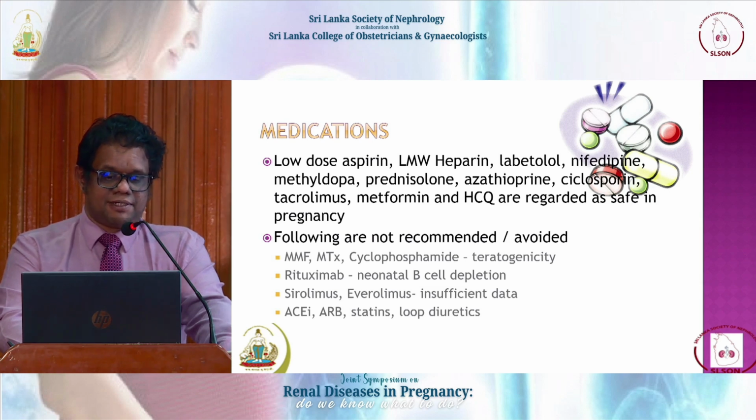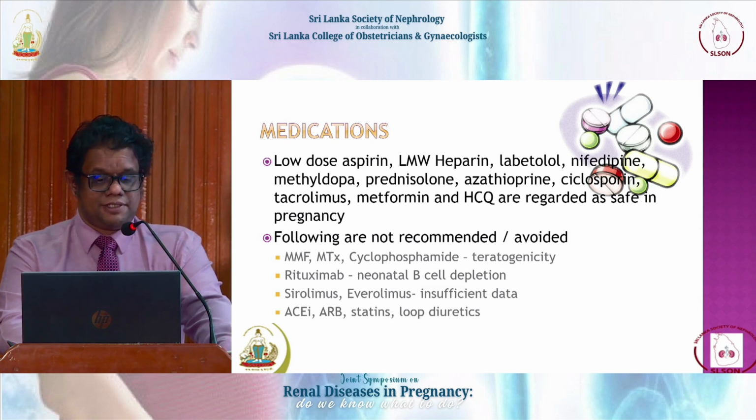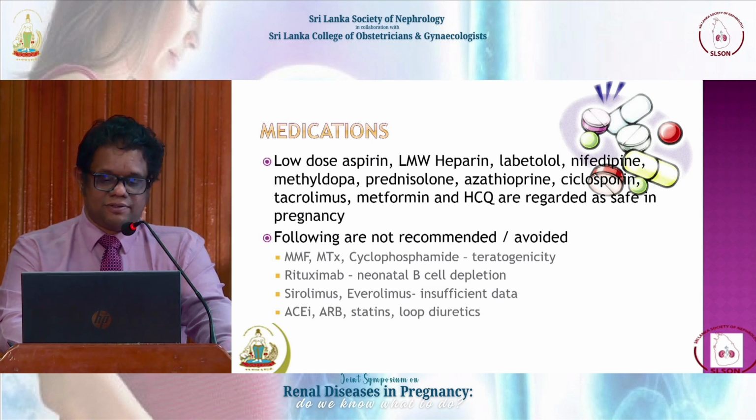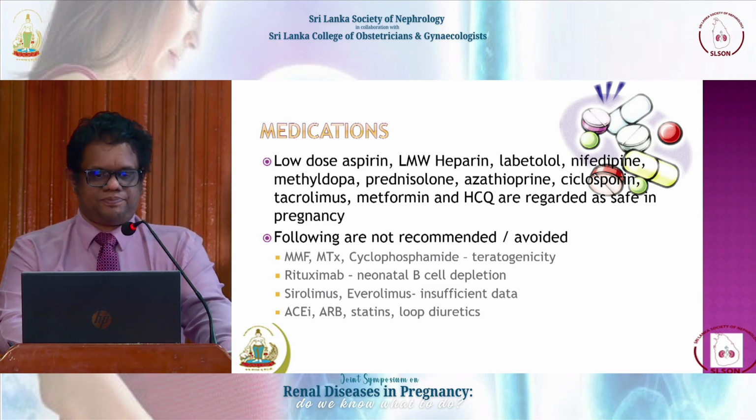MMF, methotrexate and cyclophosphamide cause teratogenicity, so obviously should be avoided. Rituximab is best avoided due to neonatal B cell depletion. Sirolimus and everolimus, we have insufficient data. And ACE inhibitors and ARBs, statins and loop diuretics should be avoided for obvious reasons.